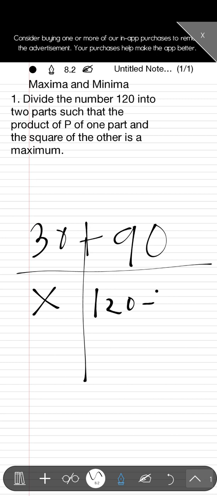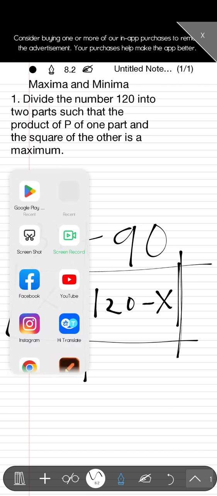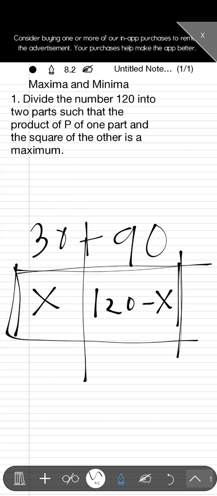So, eto na class yung expression. Ayan ang gagamitin natin sa problem na yan. So, yan na yung dalawang number, no? Divide the number 120 into two parts. So, yung number na yon is x and 120 minus x.